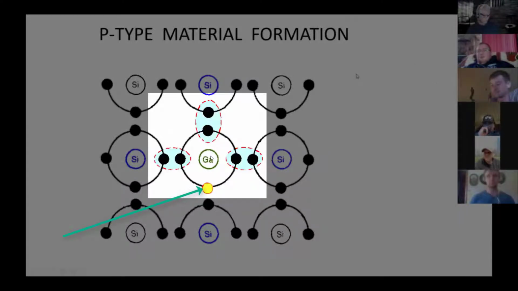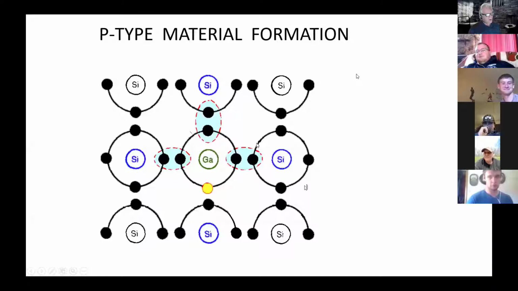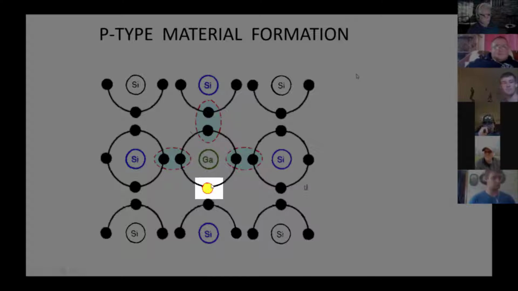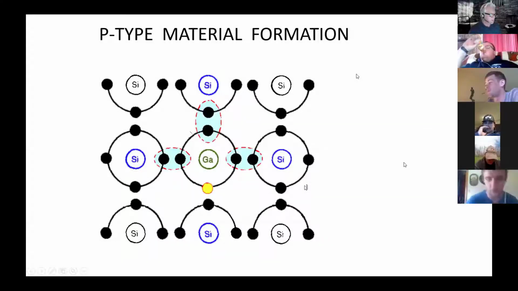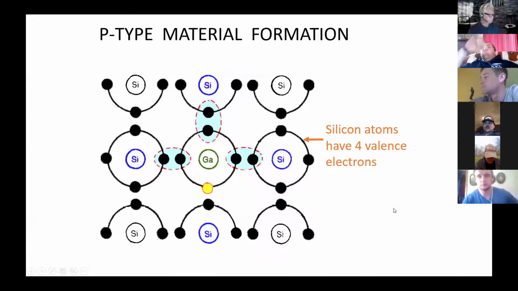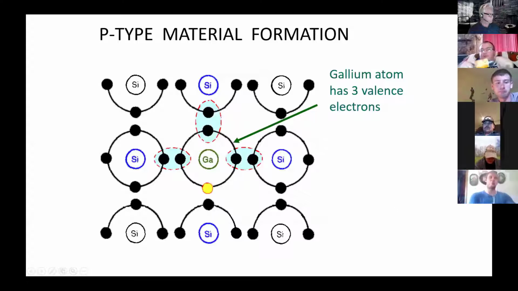It only has 3 electrons, so there's a hole left there. So we're doping it with a different type of impurity, but because there's a hole there, which is essentially a place to accept an electron or a positive, it's a P-type. Again, the more of this substance we put in, the more heavily doped it is, and the more P-type it becomes.